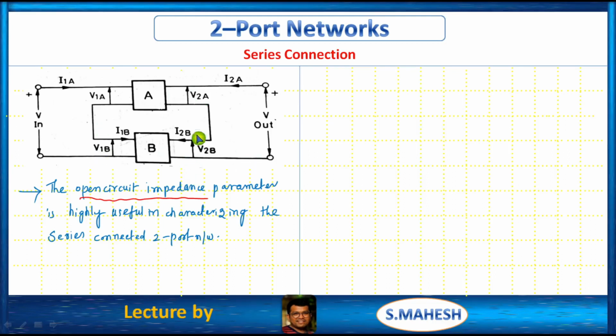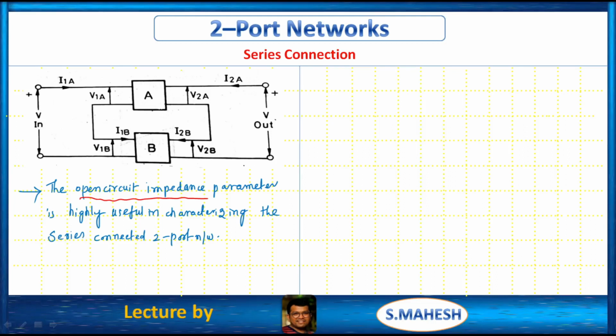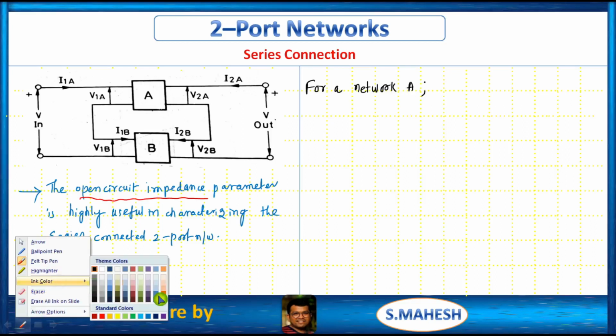So first we have to write all input and output currents and voltages for network A.